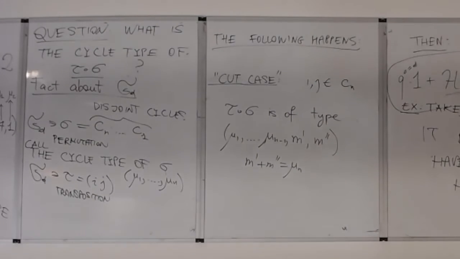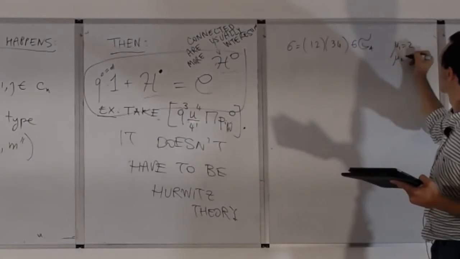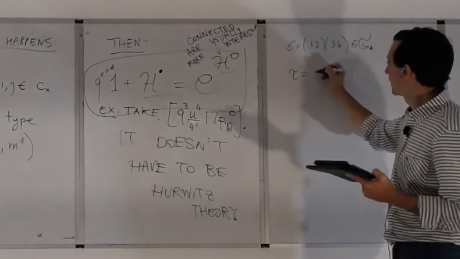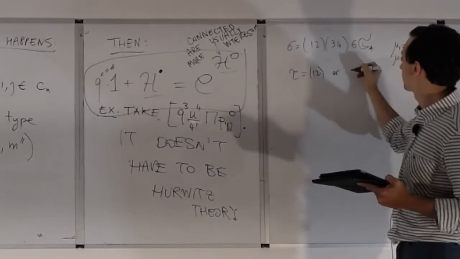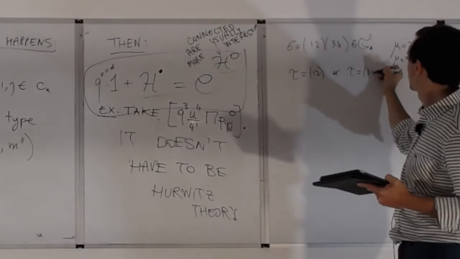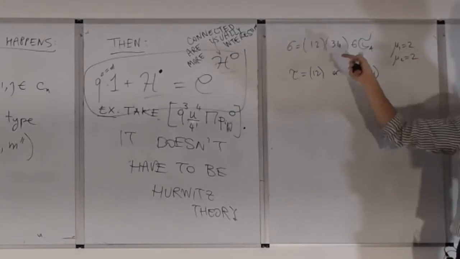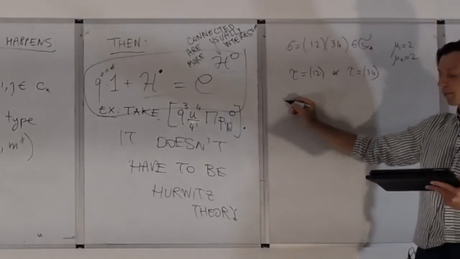Say this sigma is, for example, (1 2 3 4) in S4. Its cycle type is mu_1 equal to 2 and mu_2 equal to 2. Then I want to take tau equal to (1 2) or (3 4). So I have to take i and j such that they are in the same cycle, so I only have these two cases.